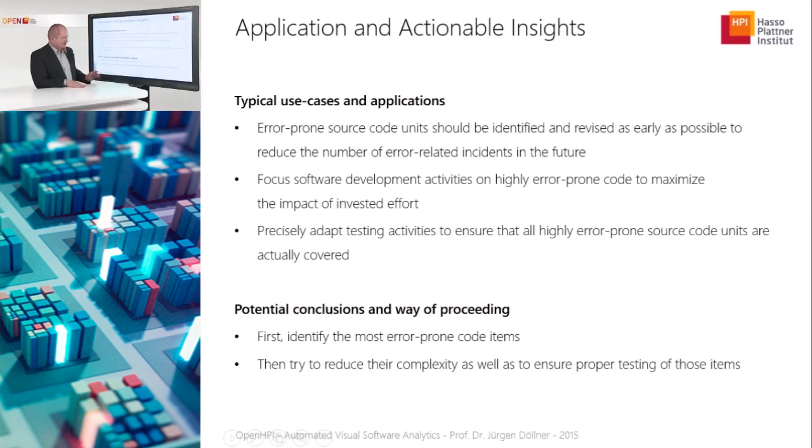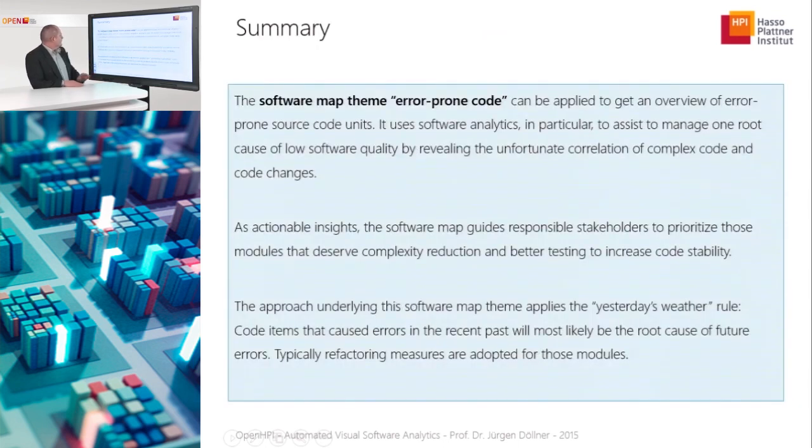Let's summarize this part. We have seen the software map theme, error-prone code, can be applied to get an overview of error-prone source code units. The software map uses software analytics in particular to assist in managing one root cause of low software quality by revealing the correlation of complex code and code changes.